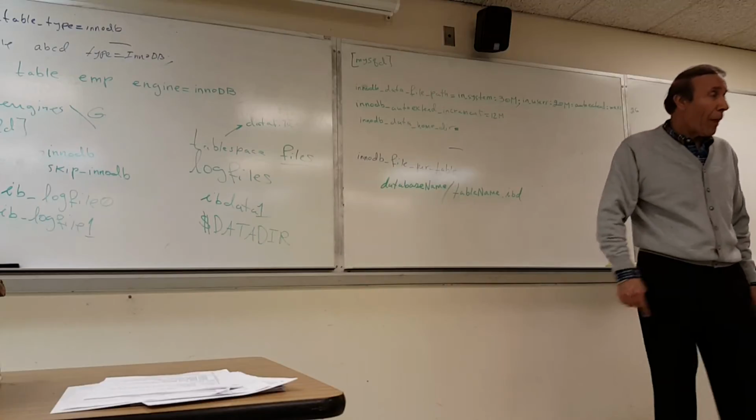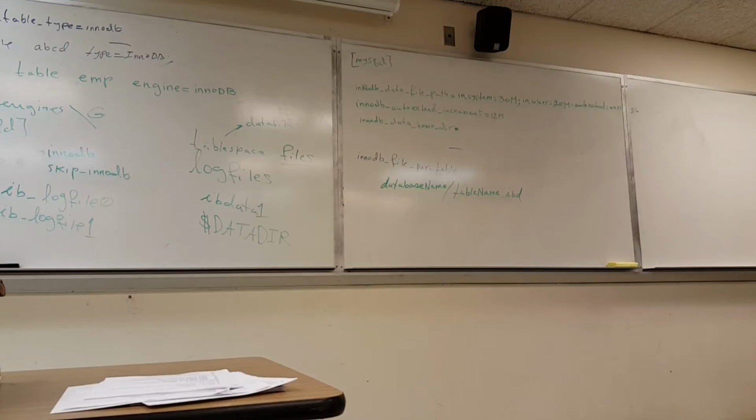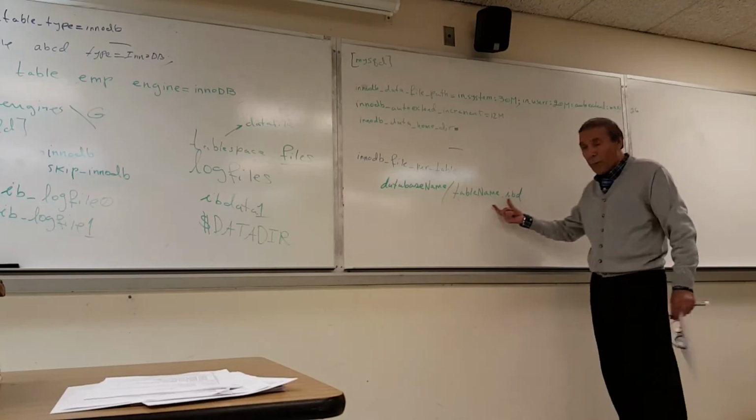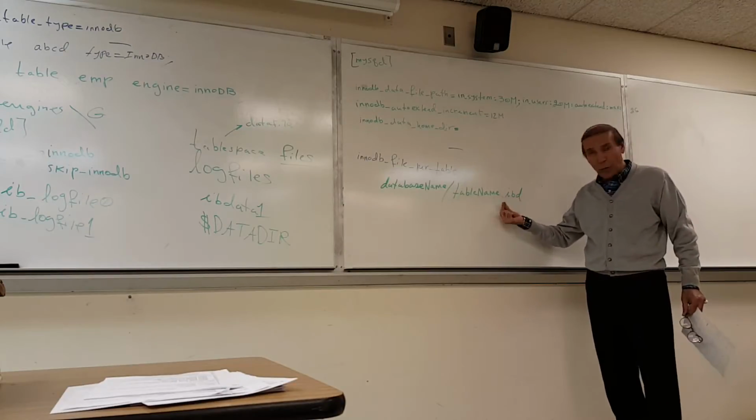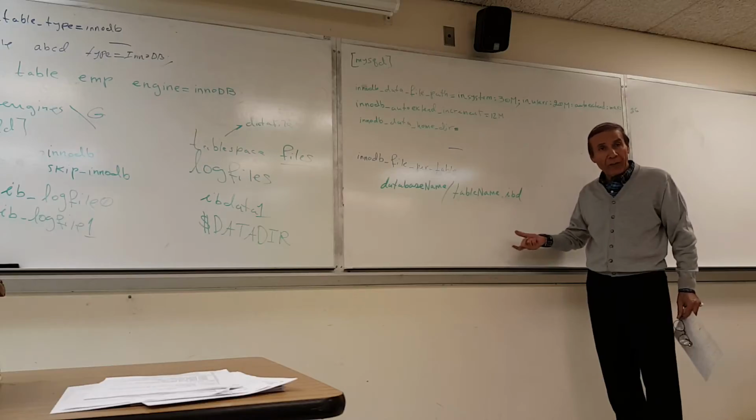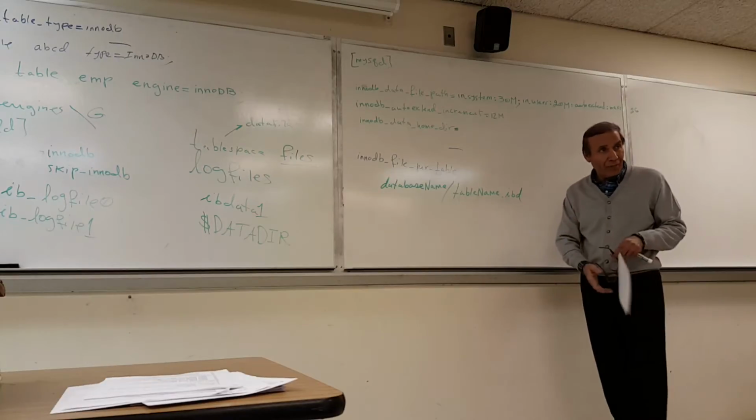In MyISAM, we have different files: a file for index and a file for data. But for InnoDB, those are combined into one file. Index and data go to one file. Okay?